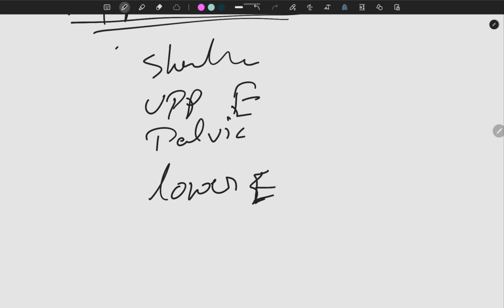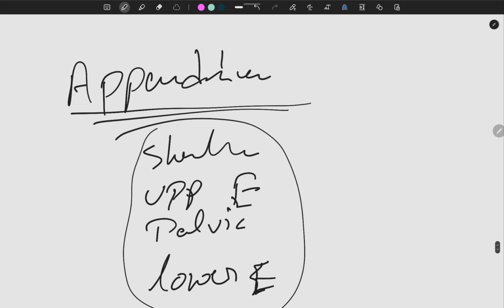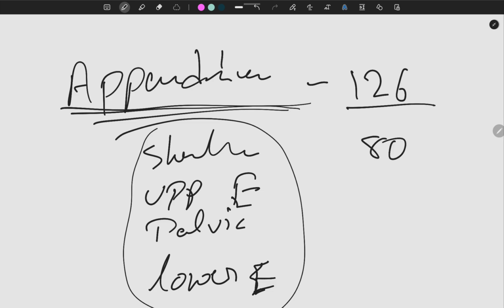So these are all the bones that come under the appendicular skeleton. In the appendicular skeleton we have 126 bones. In the axial skeleton we have 80 bones. It is a total of about 206.